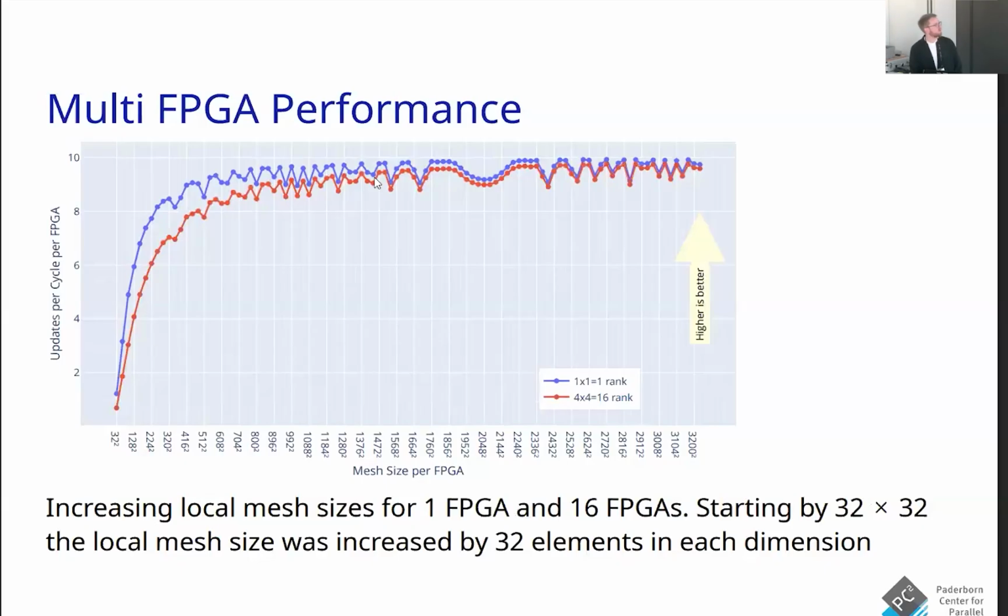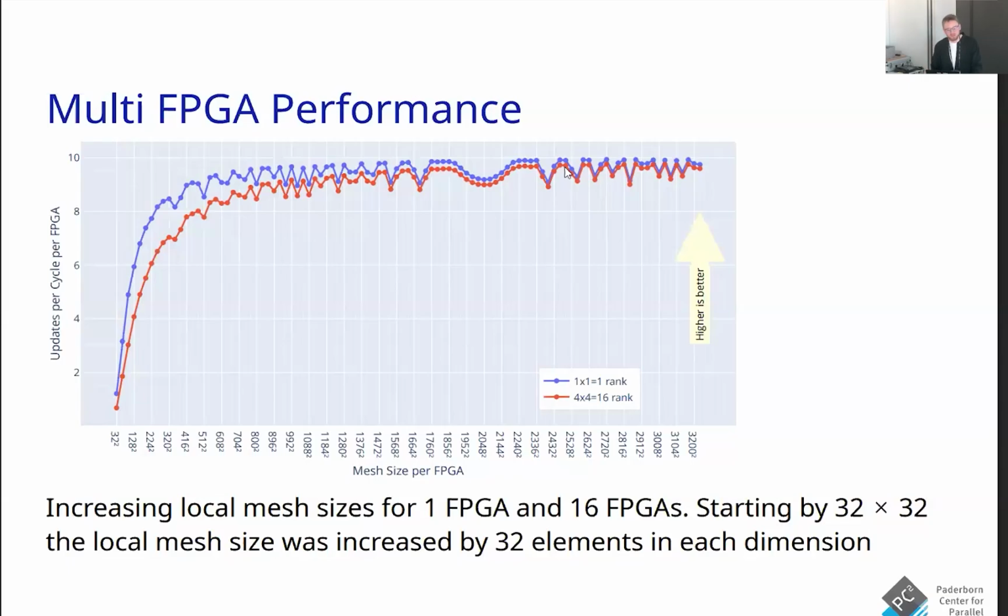So I did the same experiment for 16 ranks. So these fluctuations for the larger mesh sizes are the same, so it seems to be somehow systematic. I wasn't able to really pinpoint it. The only thing I can say, there are mesh sizes that work a bit better than others.